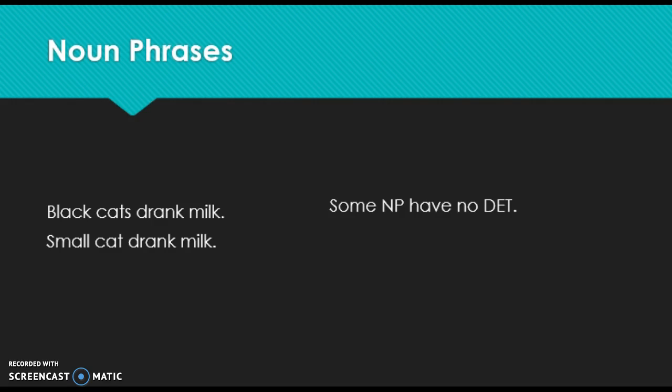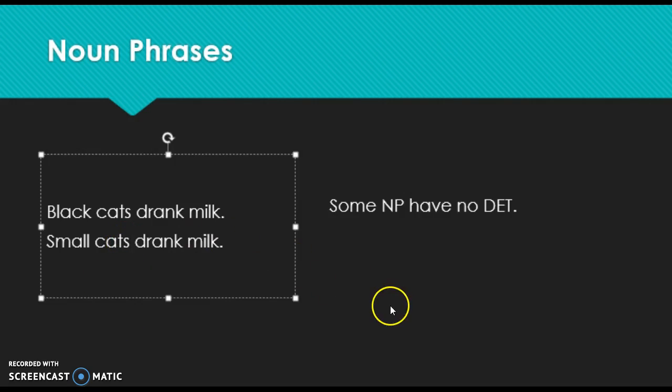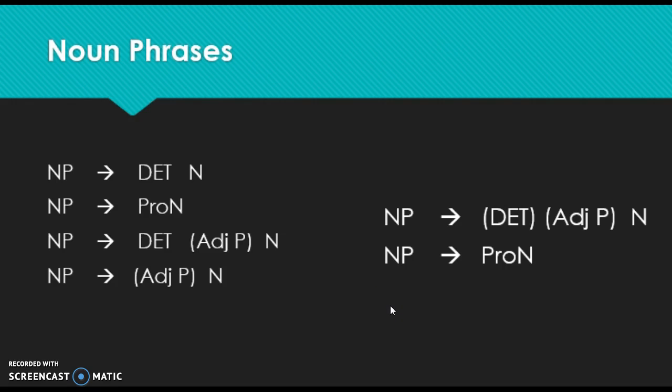And of course, we've talked about this. Some noun phrases have no determiners. We can just say "black cats drank milk," or "small cats," we would need that to be plural, "drank milk."